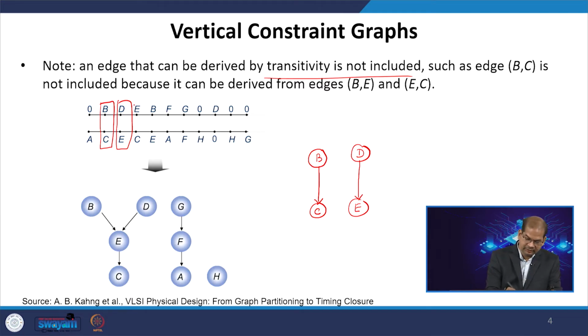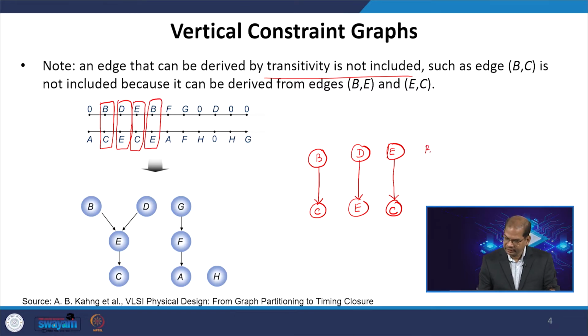Then if I consider the next segment, here you have an E node and a C node. So, D is connected to E, and E is connected to C. Then if you look at another segment, the B node is connected to the E node.